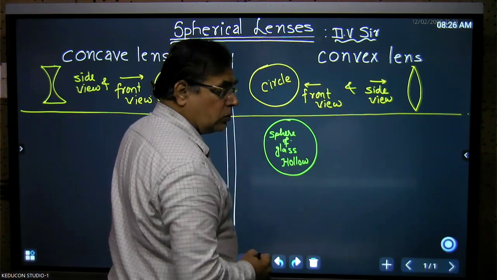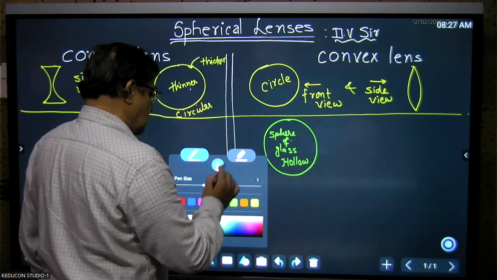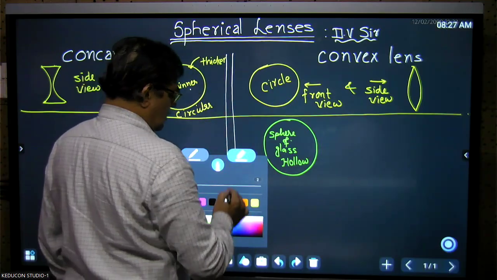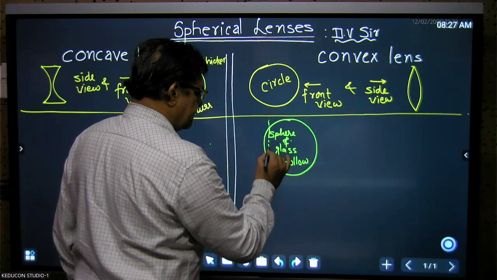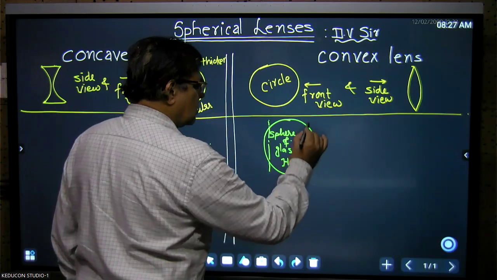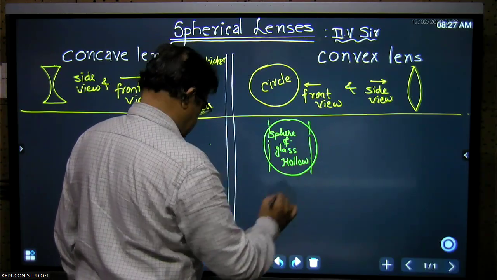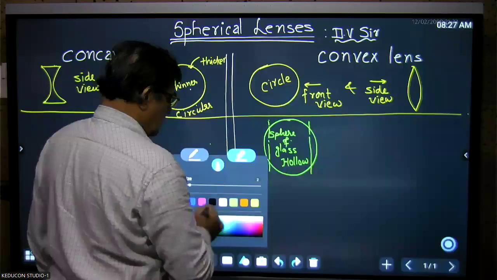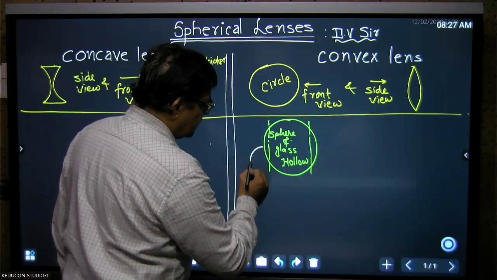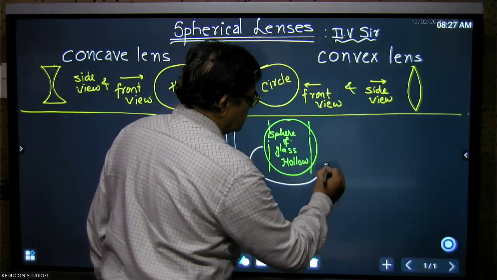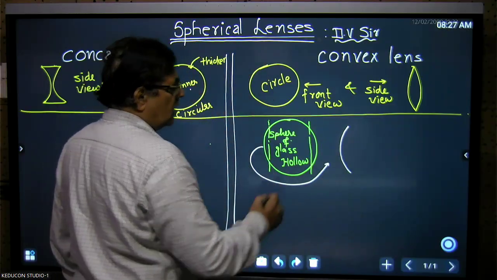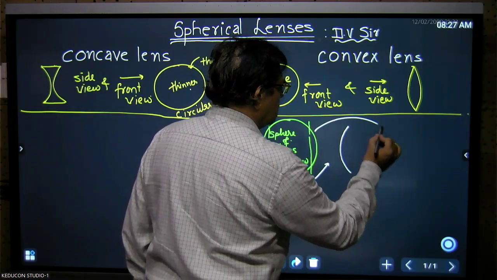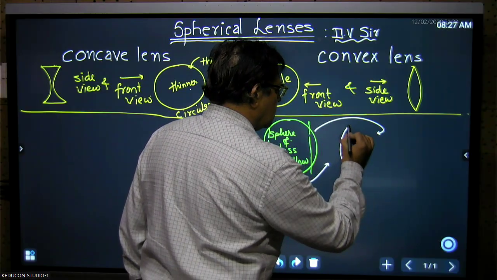So what will you do? Take this sphere and cut it from here. Also cut from here, such that this part is placed here like this, and this cut part is placed here.